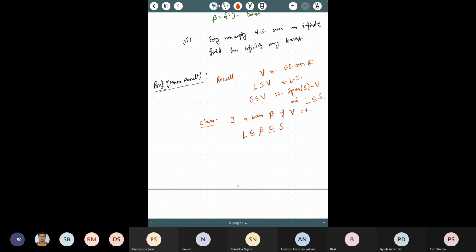So in order to use this Zorn's lemma, we first need to form a poset. The proof is a bit constructive. It's not that difficult, but it is the standard proof.